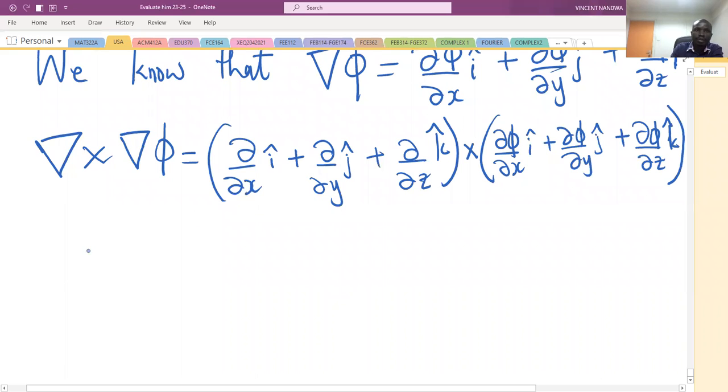And then by definition, curl is given in terms of determinant.